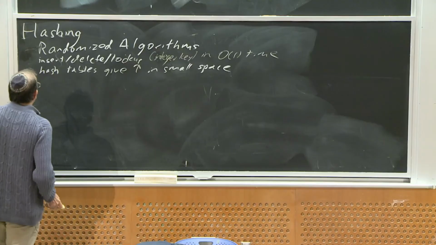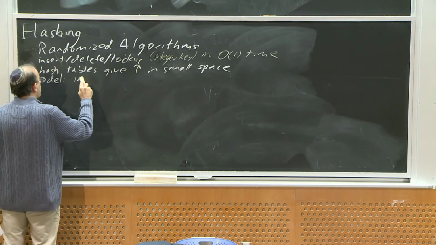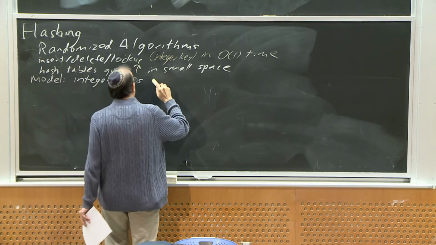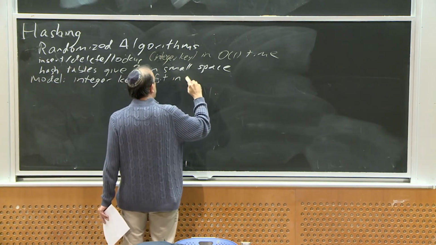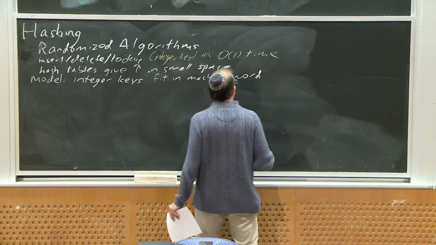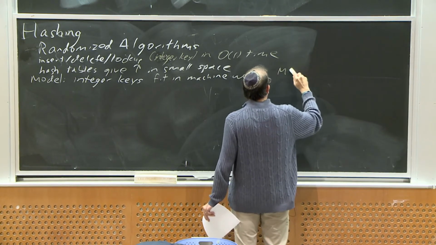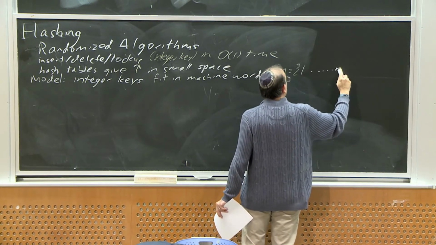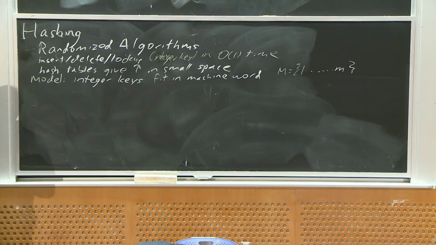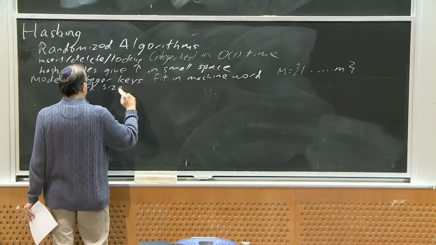So again, we're still in this model of integer keys that fit in a single machine word. Okay. So just to make that concrete, let's assume the keys are the integers from 1 up to little m. Okay. And that means that the word size is log m.